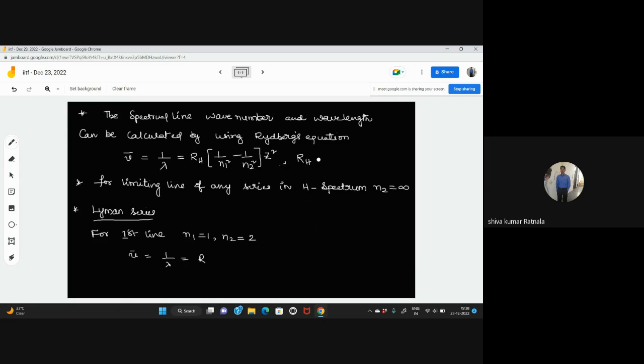RH is known as Rydberg's constant, and that value is 109,677 per centimeter. 1 by lambda equal to RH into 1 by 1 minus 1 by 2 square, and this value will be 1 by lambda equal to RH into 3 by 4. Now if I'm calculating lambda value, lambda equal to 4 by 3 into 1 by R, right? Keep this one, don't solve, because we are trying to compare.